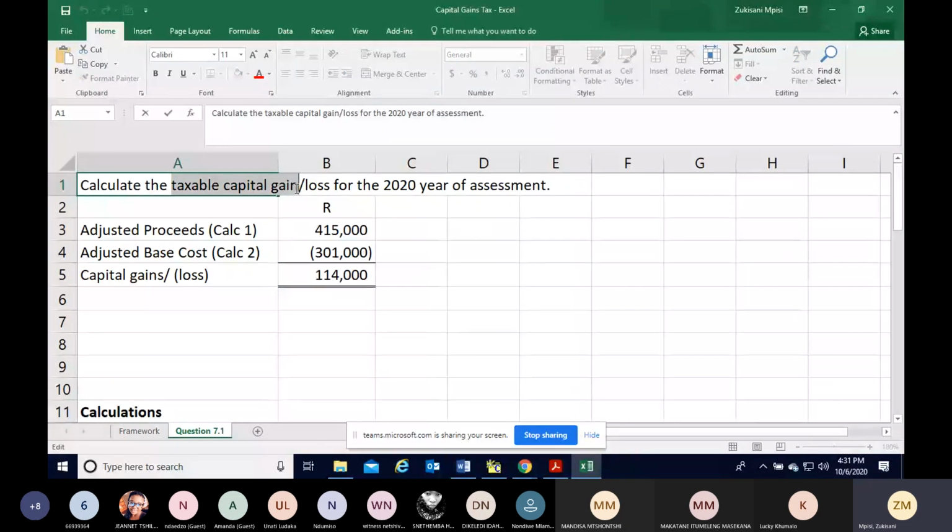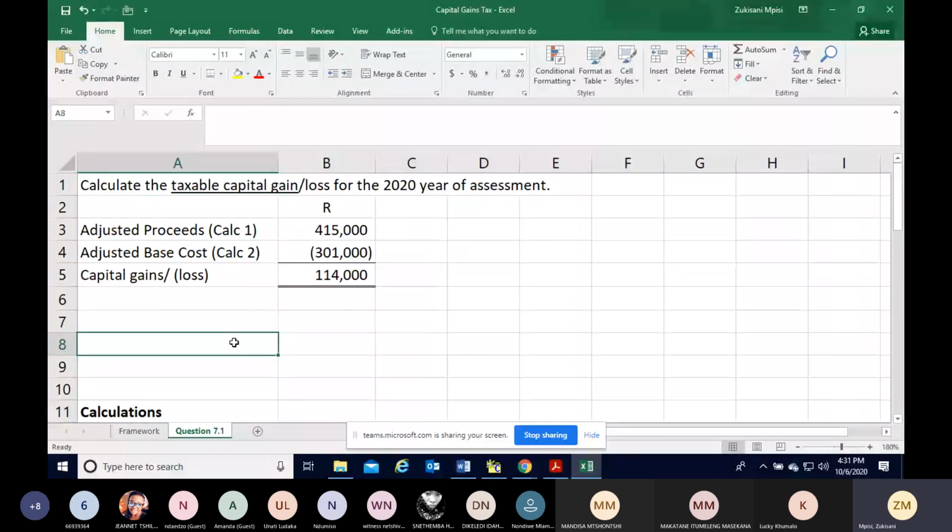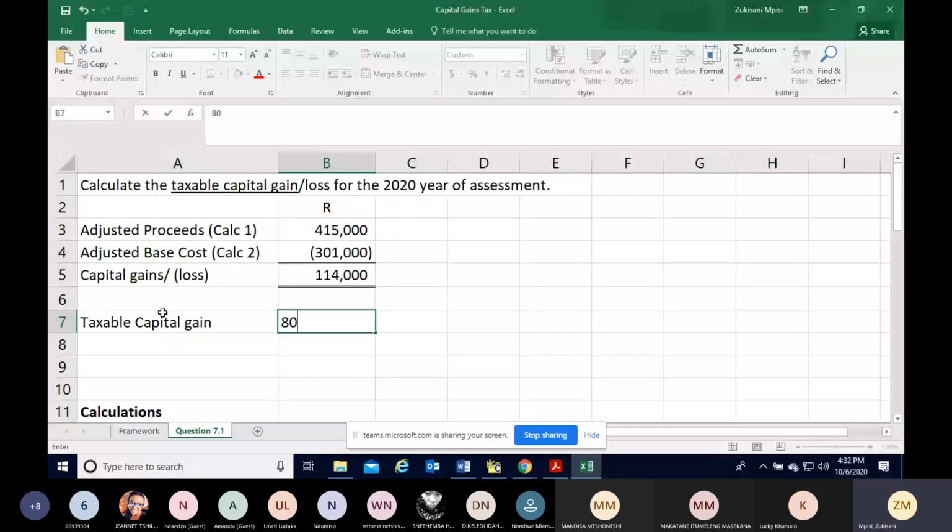If you've got a capital loss, it is rolled over to the next year so that you can deduct it from your future capital gains. Now, in this case, this means you must get the taxable capital gain. We know that the inclusion rate is 80%.